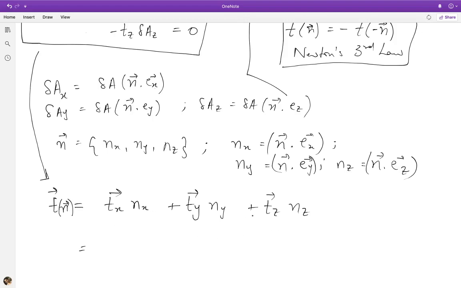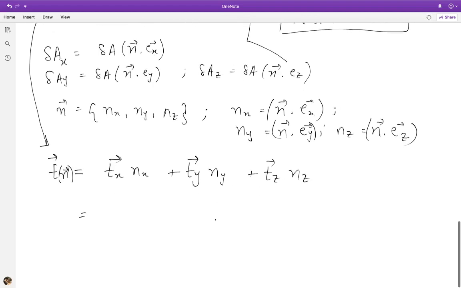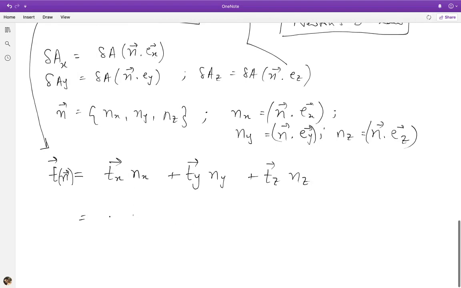We can still represent this in a neater way using ideas of matrix algebra or tensor algebra. So what we should recognize here is if I collect the components into a vector nx, ny, nz, I'm writing it as a row vector, but it is basically n. And what I've written here is nothing but a matrix multiplication.